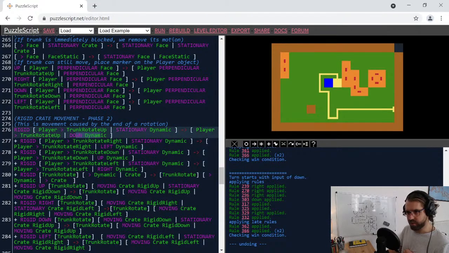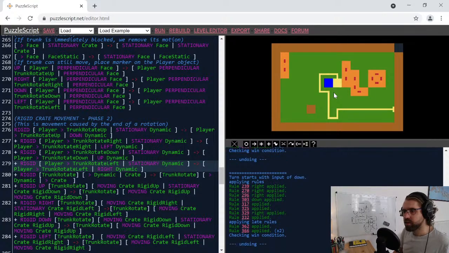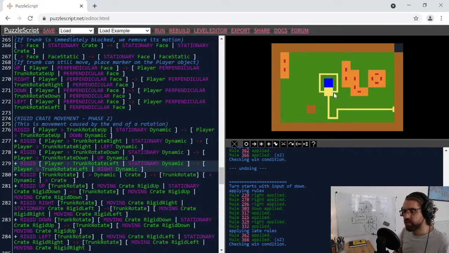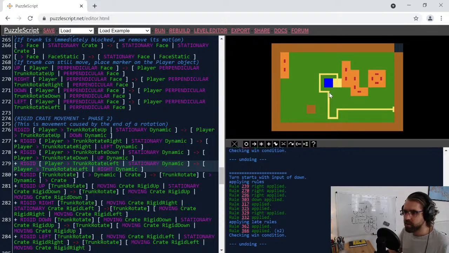This is when we apply the movement. So I just want to cancel this if there's already a trunk in that space. Oh, I've just realized I need to do something.